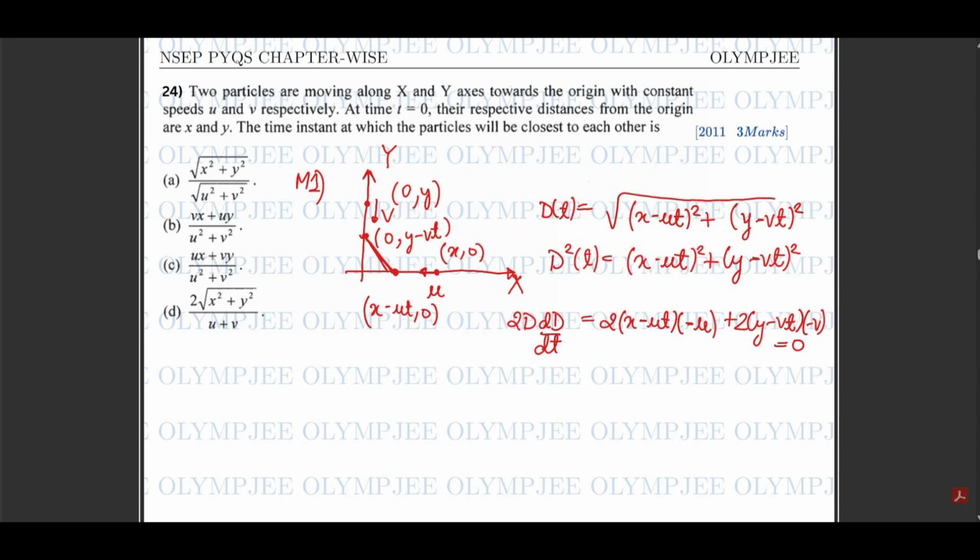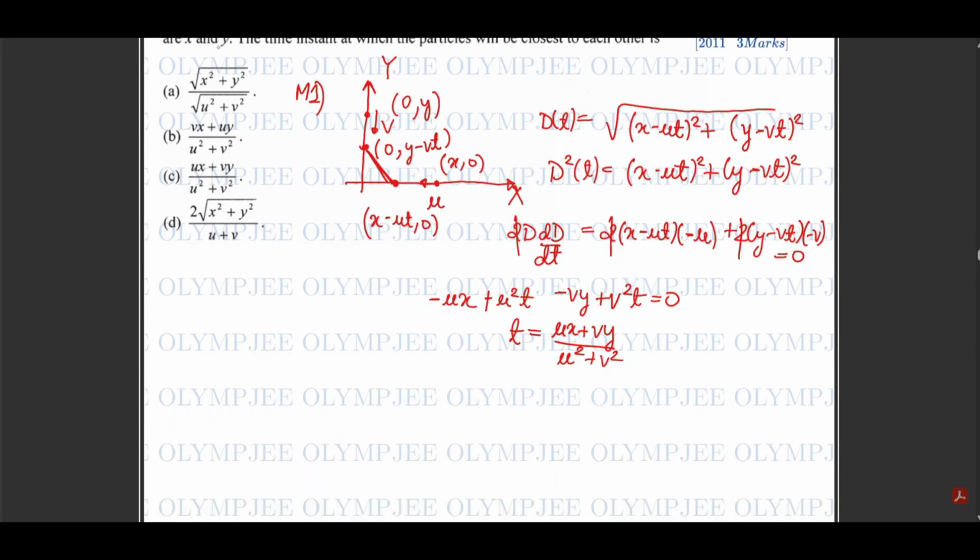This should be equal to 0. So we'll get, let's cancel 2 from both sides, ux minus u squared t minus vy, this will be plus v squared t is equal to 0. So t will come out as ux plus vy divided by u square plus v square.